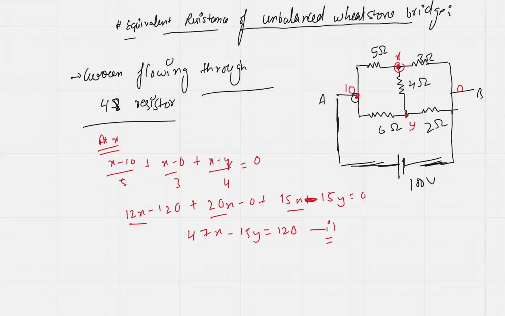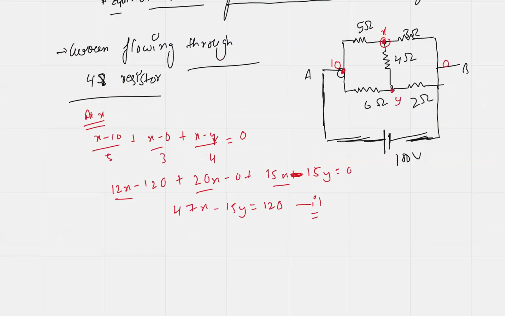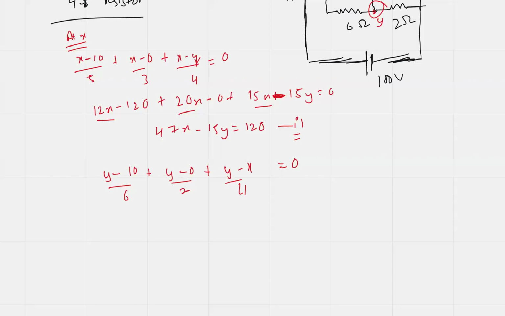Following the same approach, we build the other equation at the junction y. So y minus 10 by 6, plus y minus 0 by 2, plus y minus x by 4. Here the LCM comes out as 12, the lowest common multiple of all the numbers.